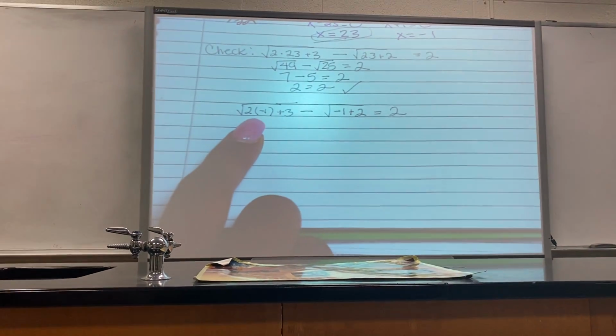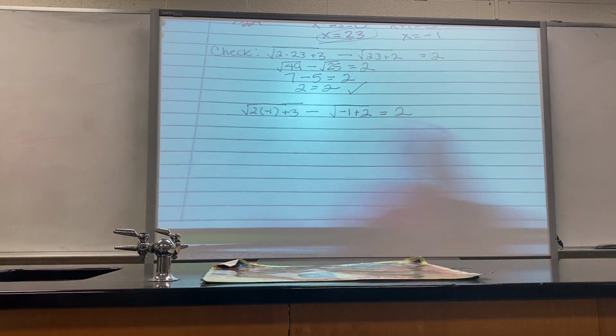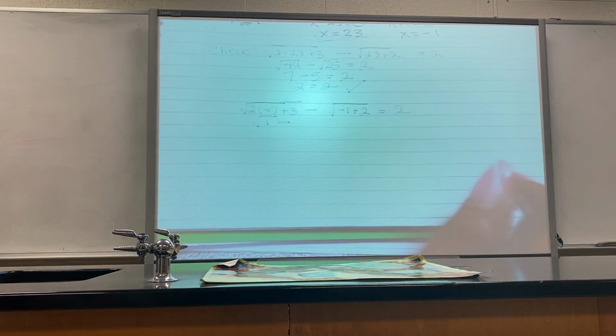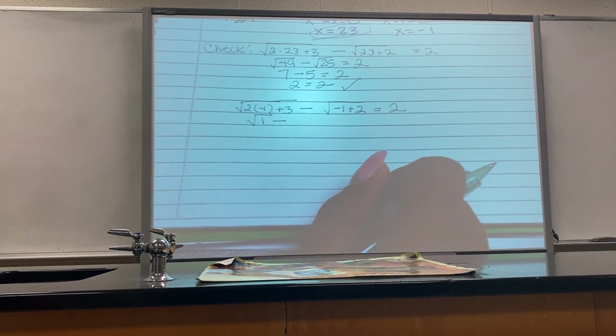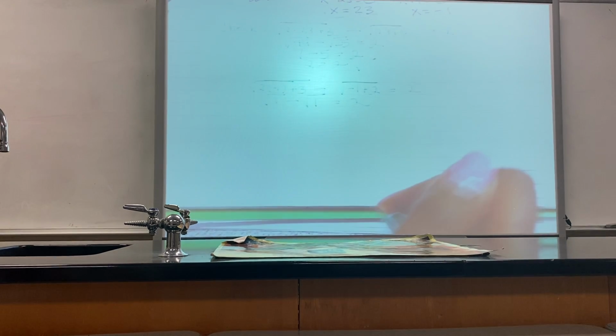Two times negative 1 is negative 2. Negative 2 plus 3 gives me 1, so I got the square root of 1. Minus, negative 1 plus 2 is also 1, so I have the square root of 1. And that should equal 2.